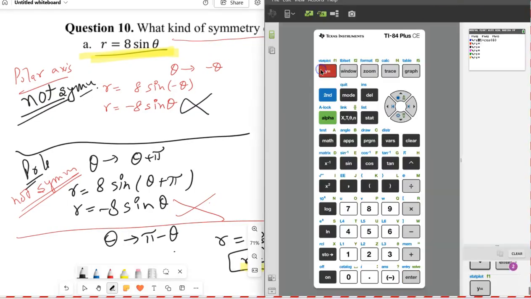So if I graph the equation, let's clear this one. It's 8 sine theta. I need to zoom out. This thing, right? That's a circle with center on the y-axis, and you can notice that it is symmetric with respect to the y-axis. So our work is justified with the graph also.